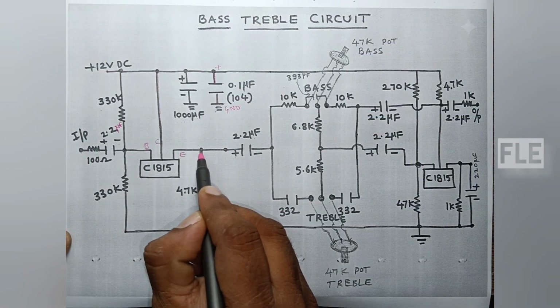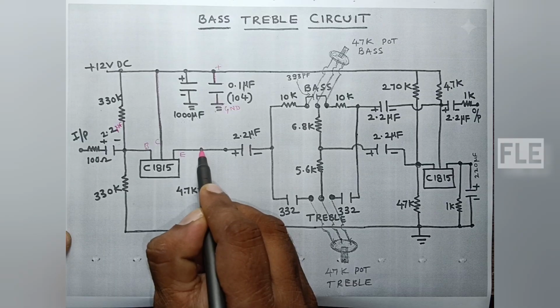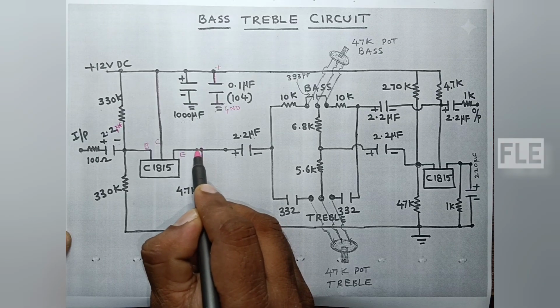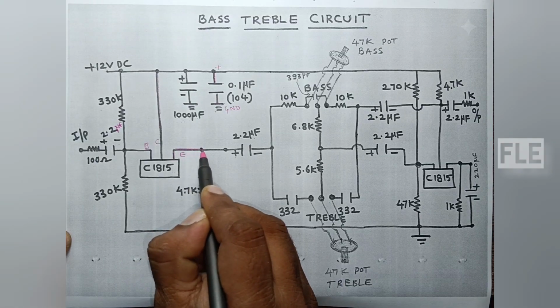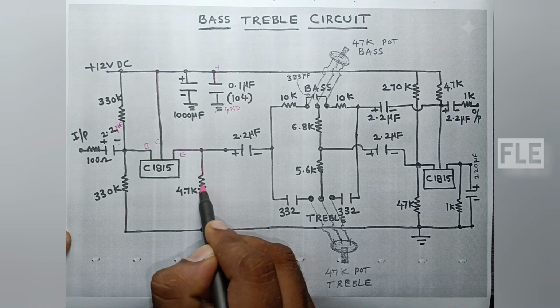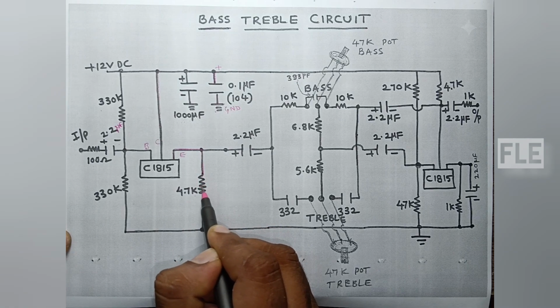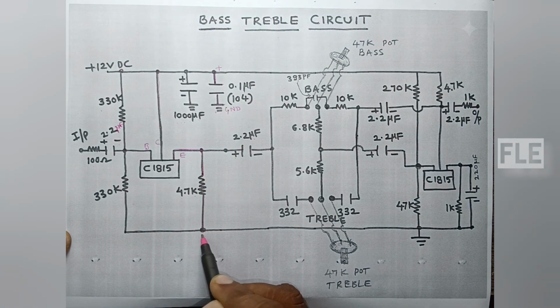The emitter terminal of the C1815 transistor is connected to ground using a 4.7K resistor.